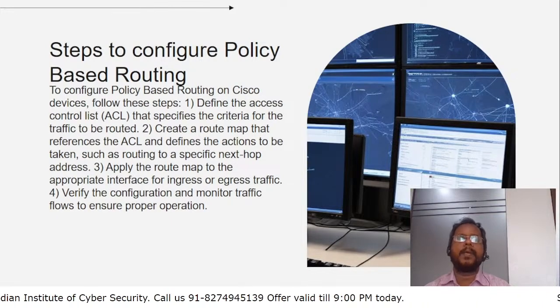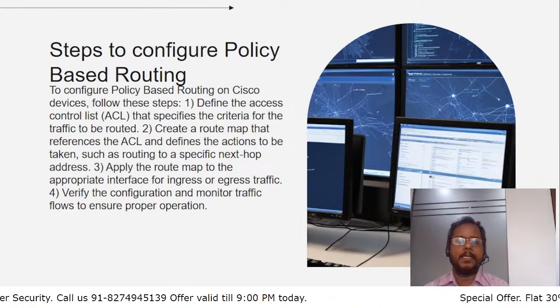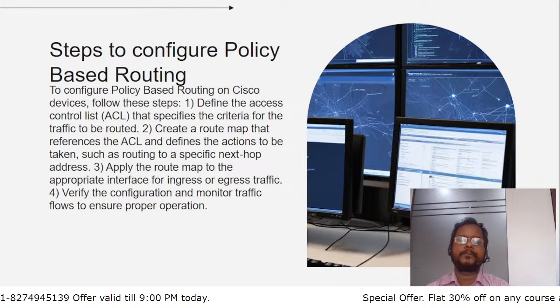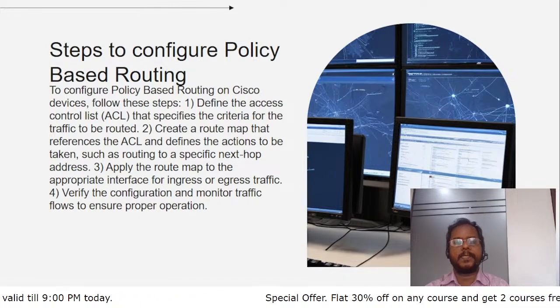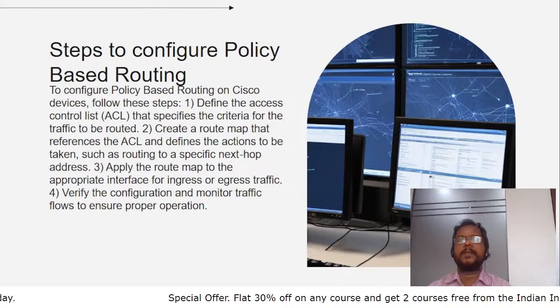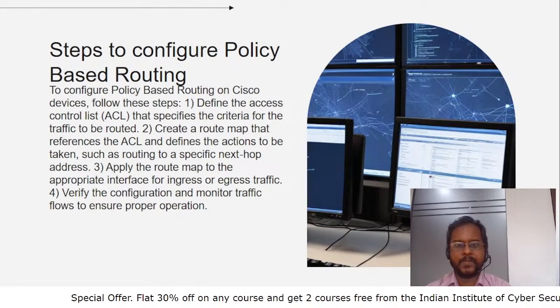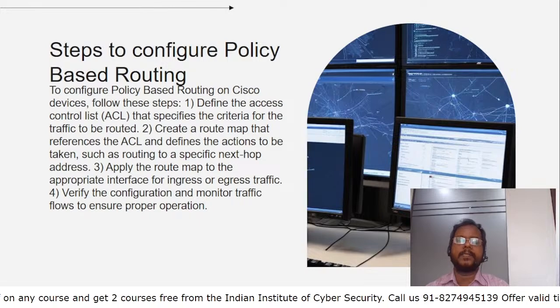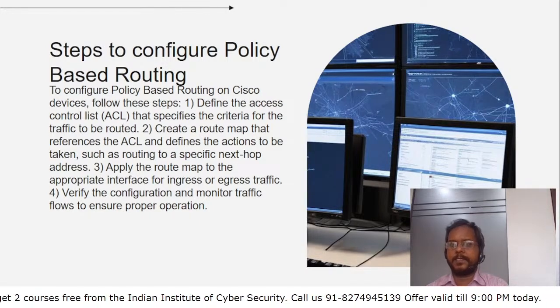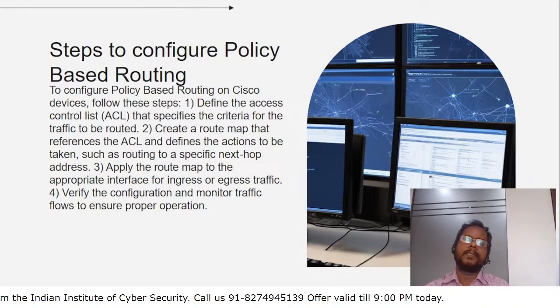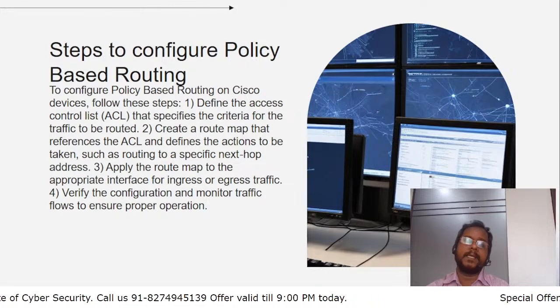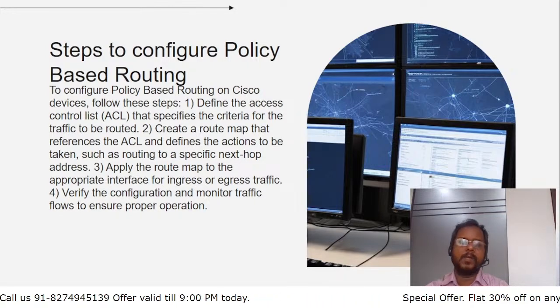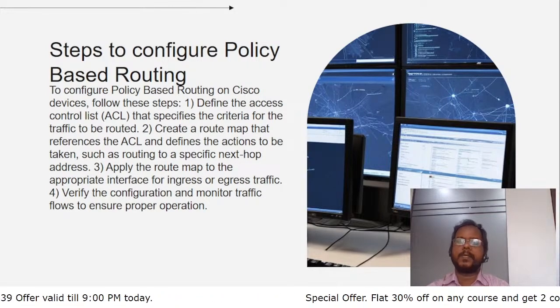Number two is create a route map that references the ACL and defines the actions to be taken, such as routing to a specific next hop address. So you have to specify a specific next hop address. And number three, apply the route map to the appropriate interface for ingress or egress traffic. But generally, we apply this route map on the ingress, that's the incoming interface, not the egress. Then verify the configuration and monitor traffic flows.